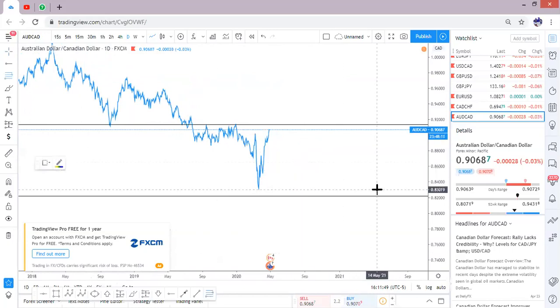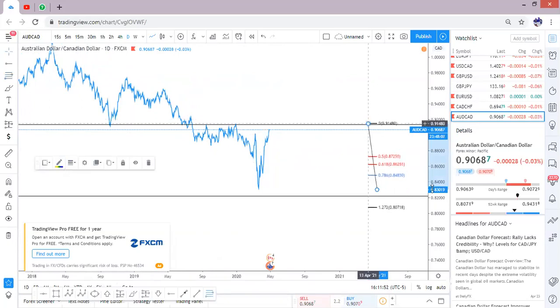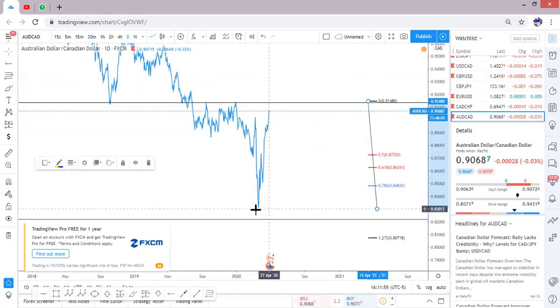As you all know, I like to use fib. From this low to this resistance here, that's where I put my fib. I can just drop it down there.